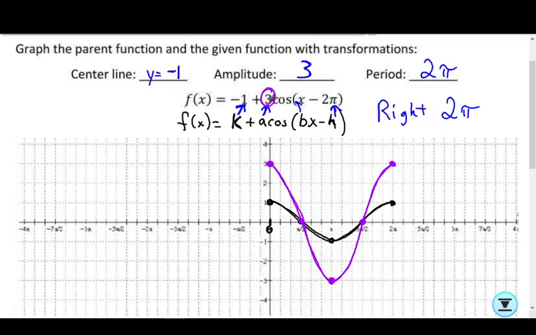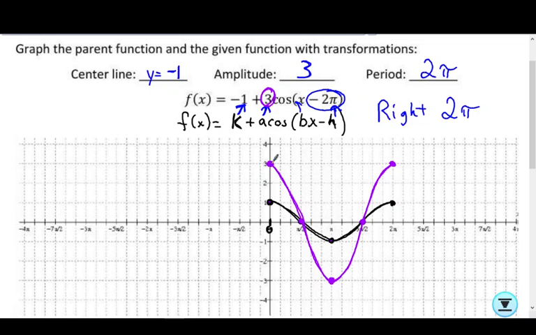Next, I'm going to do this part in blue. What that's going to do is shift everything 2 pi to the right. Where this started at 0 and ended at 2 pi, we're going to take this whole thing and move it over 2 pi. So now it's going to start at 2 pi and end at 4 pi.